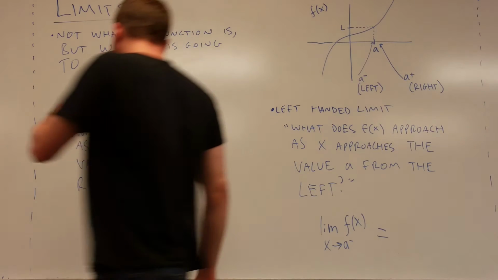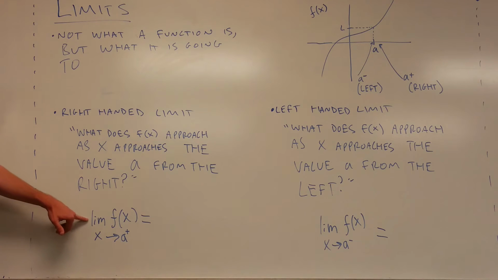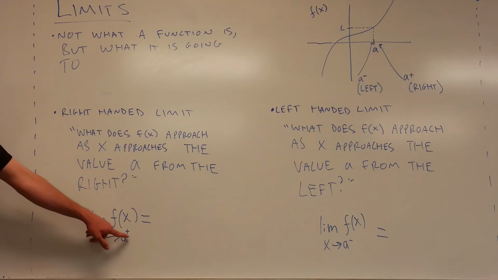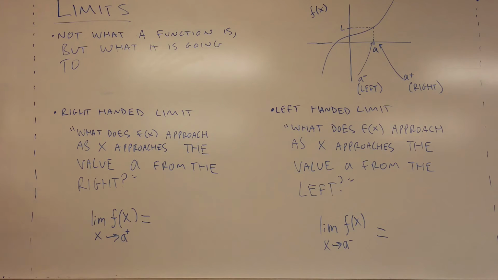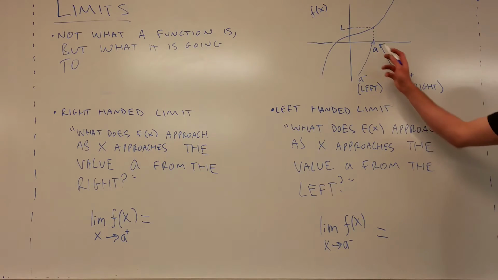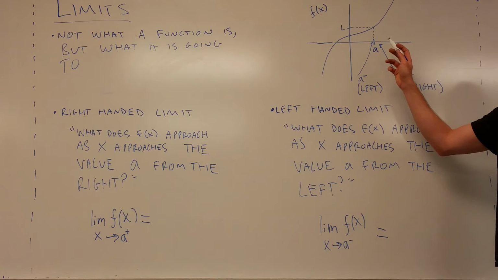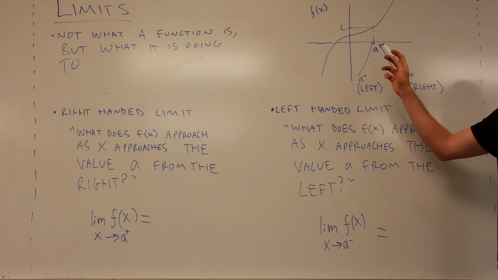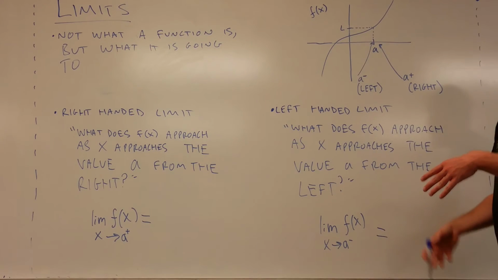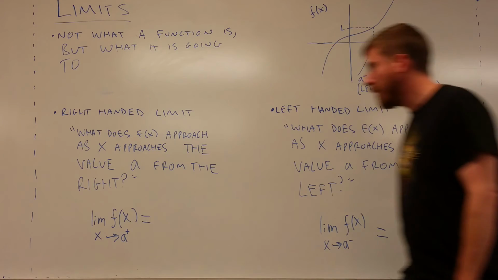So if we want to write this in an equation, we would write this as the limit of f of x as x approaches a plus. Now approaches, in math we use that as an arrow, and then the plus on the a means to the right, because let's say if a was equal to 1 right here, a value slightly to the right of 1 would be like 1.1, 1.001, 1 and 100 zeros and then 1 after that, just something slightly above 1.